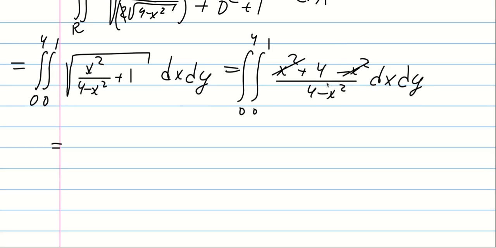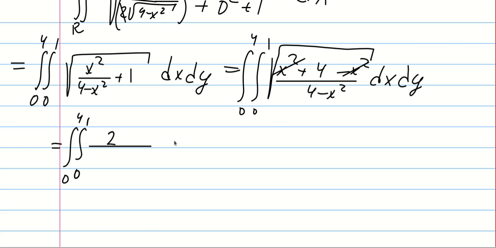I'd like to finish this problem off because of the technical issues. So we have a square root of this expression, and finally we have integral from 0 to 4, integral from 0 to 1, 2 on the top, square root of 4 minus x squared, dx dy.